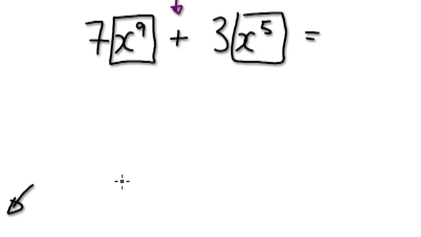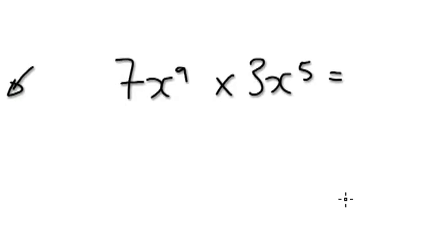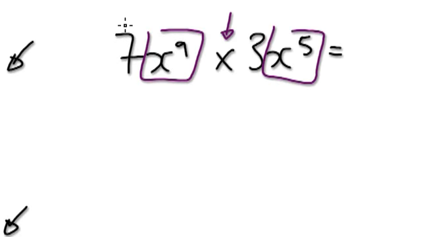So now my next question is, what's this? 7x to the power of 9 times 3x to the power of 5. Okay, press pause and have a go. Here, yeah, you don't really care because you're timesing, so everything gets merged together. So 7 times 3 is 21.